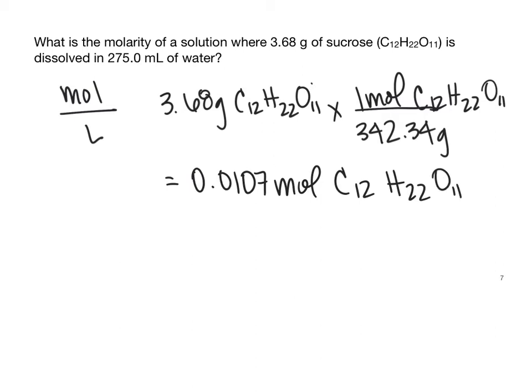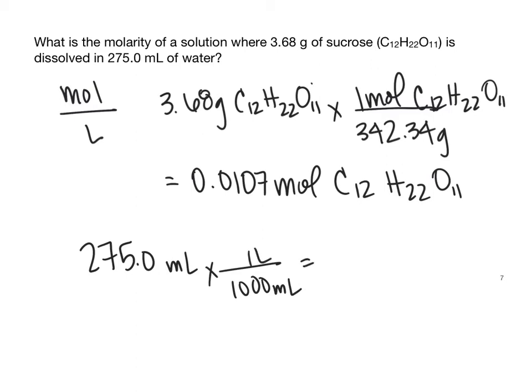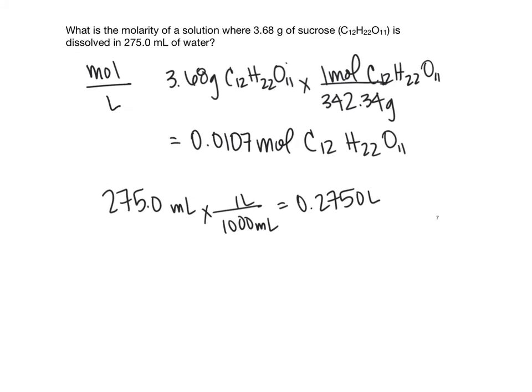And the volume, so we're going to take our 275.0 milliliters. There are 1,000 milliliters in 1 liter, and that gives us 0.2750 liters.